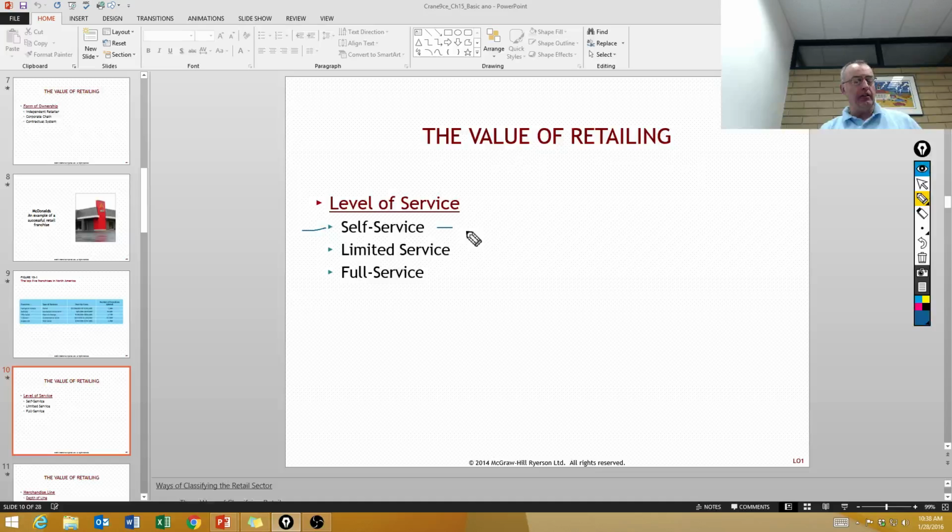They're only at the till, and you have to go and find your own product yourself. Another good example is the ATMs at banks. That's self-serve. And if you've flown in recent years, you know that the check-in at some of the airports is by kiosk, so you check yourself in. So that's another form of self-serve business, with a very limited level of service.